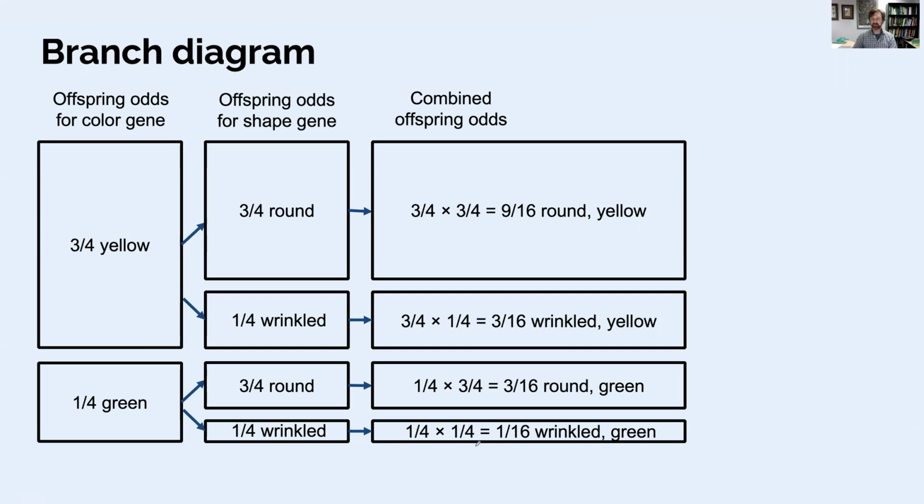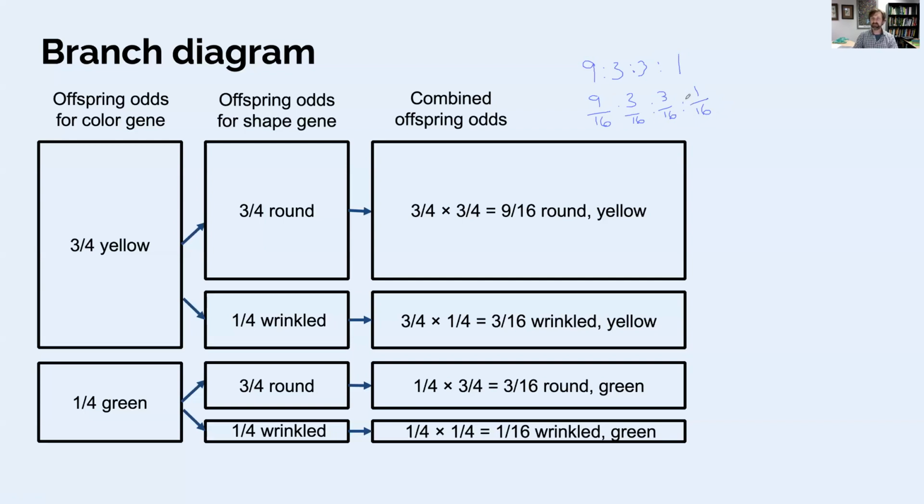The commonly written ratio that you expect from a dihybrid cross is 9, 3, 3, 1, or 9/16, 3/16, 3/16, and 1/16. You could check that by adding 9, 3, 3, and 1. That gets you 16, but this is maybe a cleaner way of writing that.